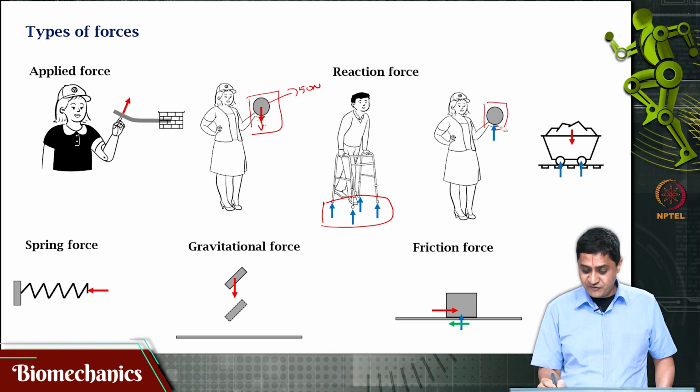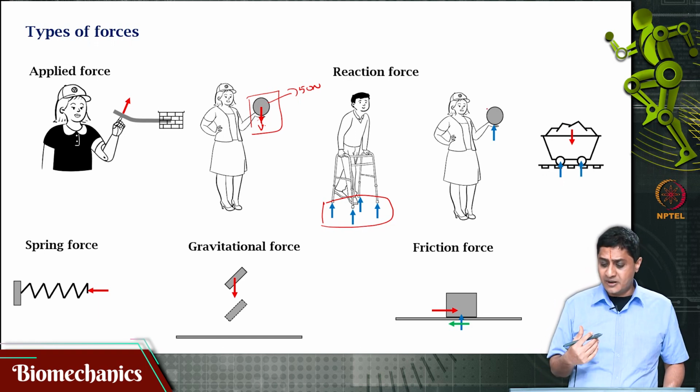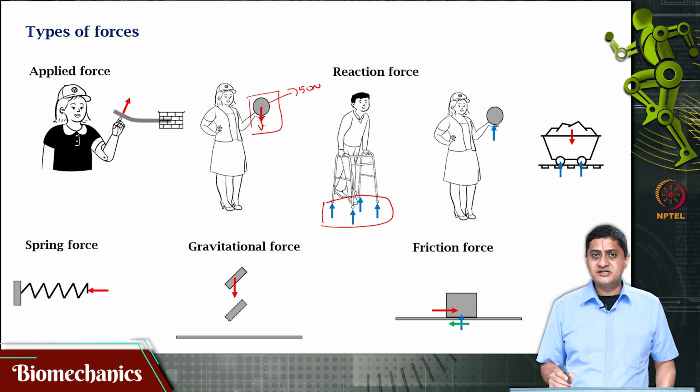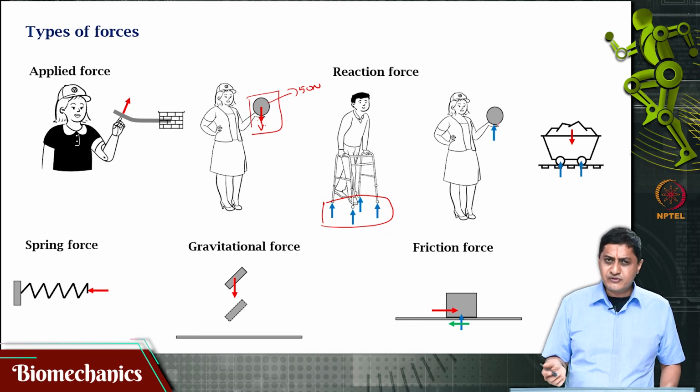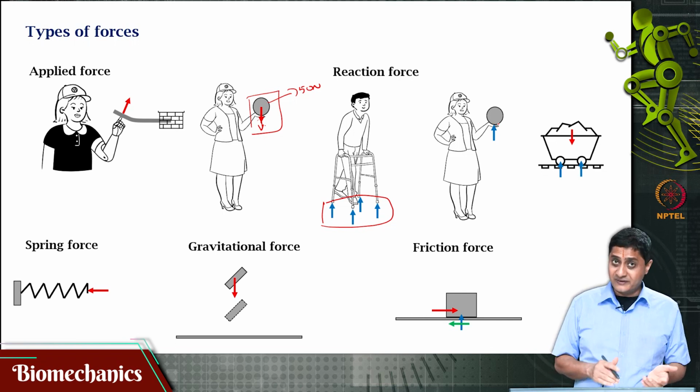This force that is applied by her, by this hand on the body, can be considered to be an active force or reaction force depending on how you are looking at it. Because you might look at this from the viewpoint of the ball or the hand.